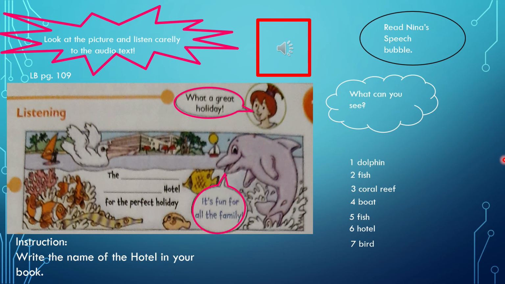Remember, you can always go through your PowerPoint presentation again and listen to the audio text once more. Or you can stop the video and rewind to listen to it as well. The what hotel for the perfect holiday?